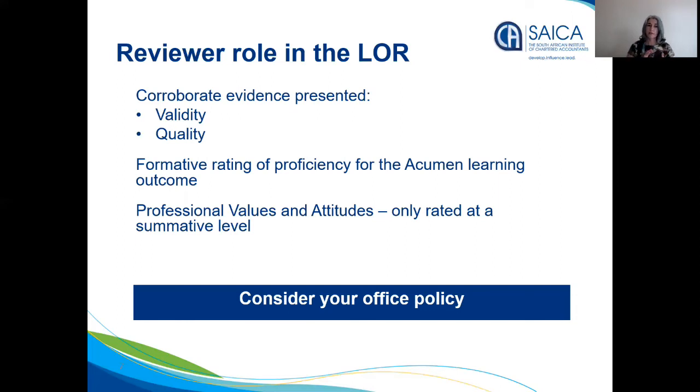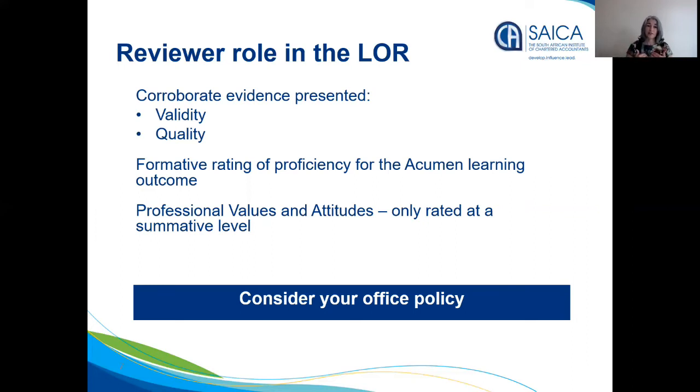For the acumens, the reviewer will actually be providing a rating. So the 4 dimensions that are used to rate the acumens, the reviewer will need to hold at the back of their mind when they look at the technical context and when they look at the evidence that the trainee has documented to determine whether it is of sufficient quality to provide a rating.